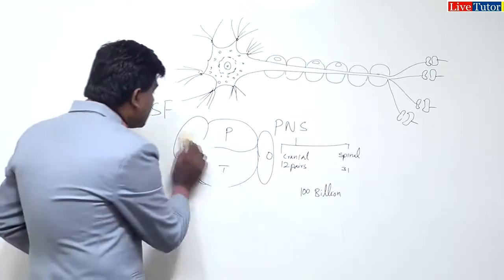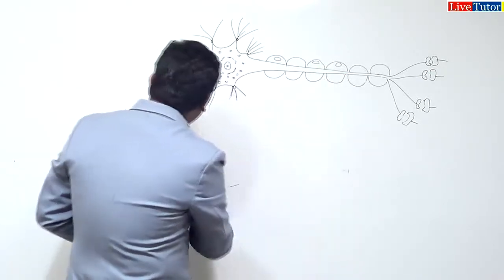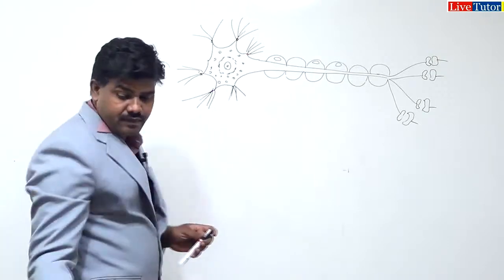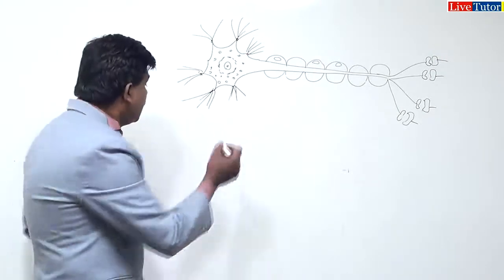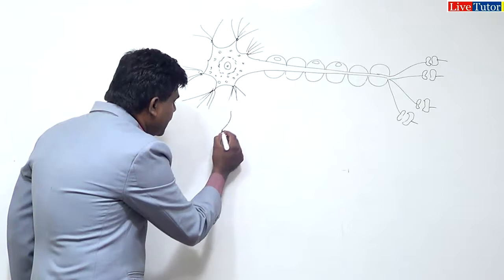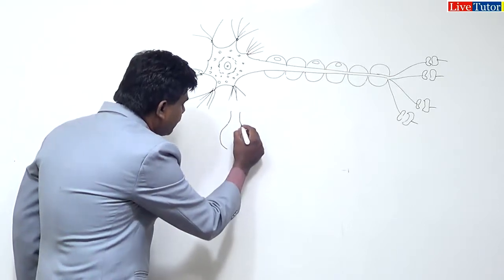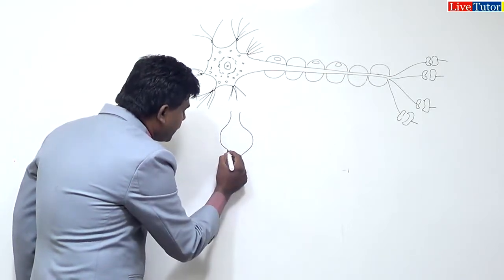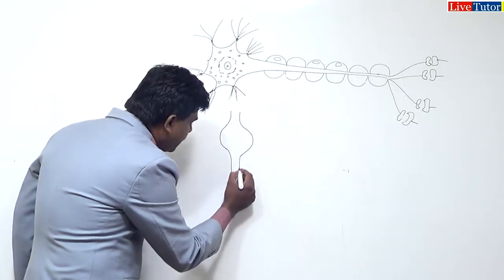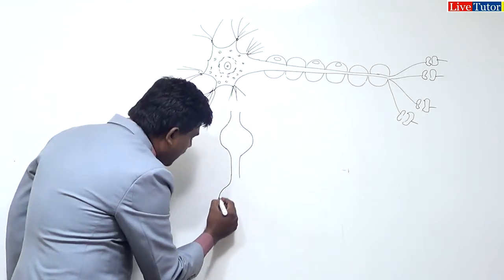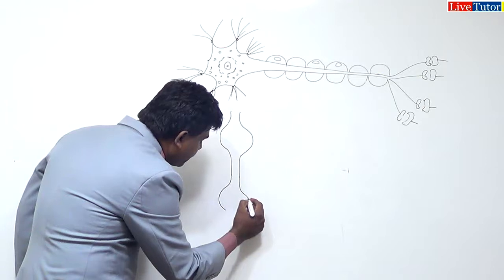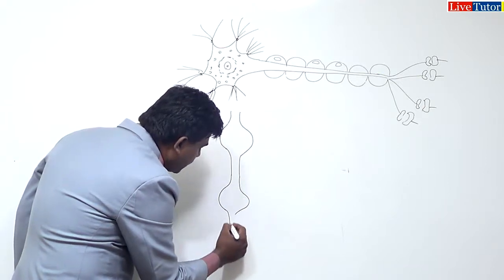Now the structure of the spinal cord. The spinal cord is found inside the vertebral column. First, there is an enlargement called the cervical enlargement. Then one more enlargement called the lumbar enlargement.